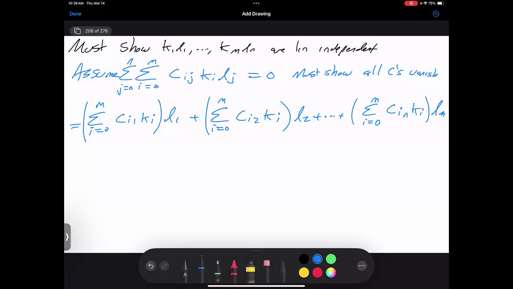I'm just taking all the things that hit L1, all the things that hit L2, all the things that hit L3. Everybody comfortable with this?